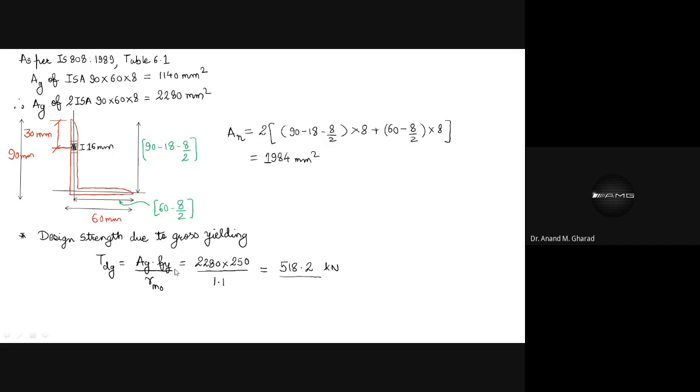This is for the angle section or the material. कहाँ से मिलेगा Fy value? I have written it to be 250. Why must I have written 250? Why is it 250 only? Why not some other value? What does Fy stand for?